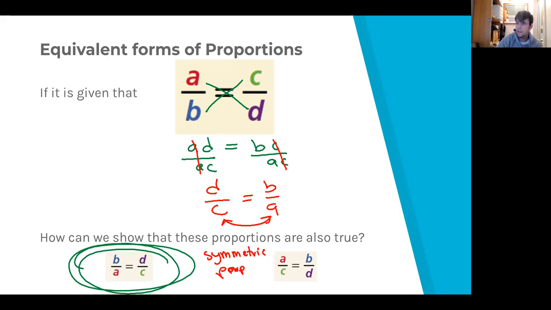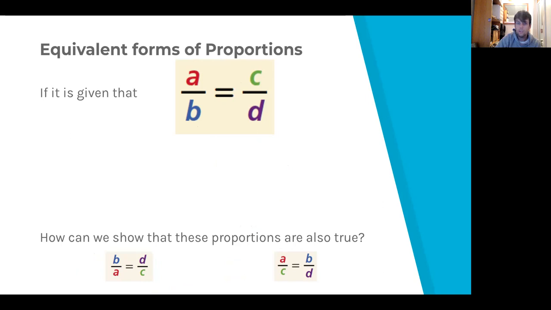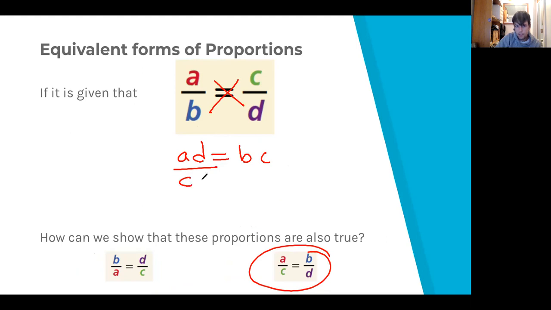Let me go ahead and clear all drawings. All right, so let's show this other result is also valid. Again, let's assume that cross products are good to go. So AD equals B times C. And then we want to arrive at this. So we want to divide both sides by CD.